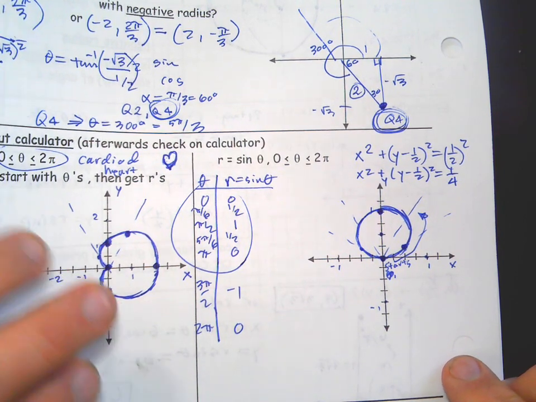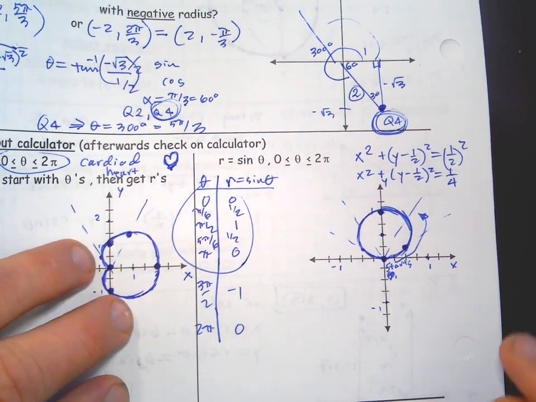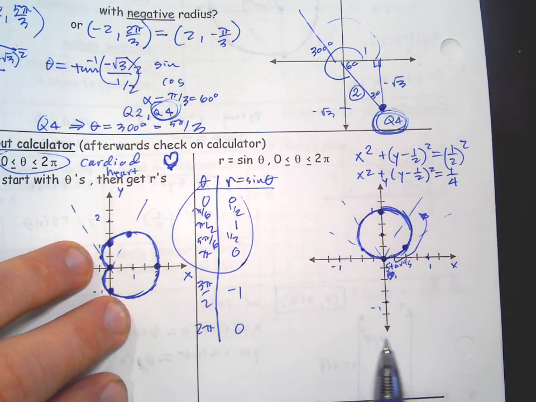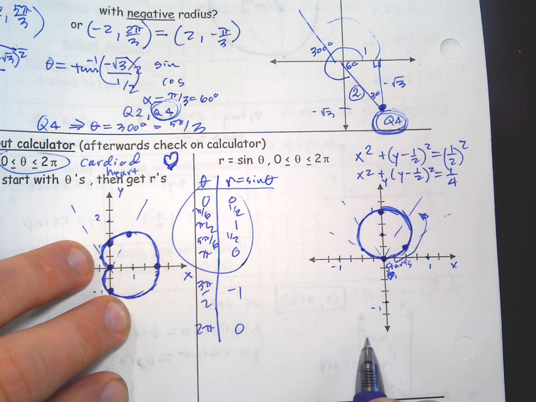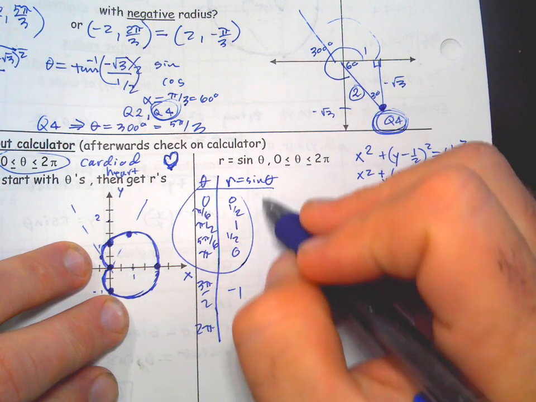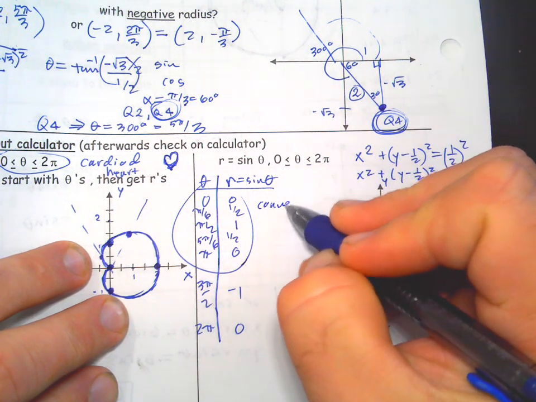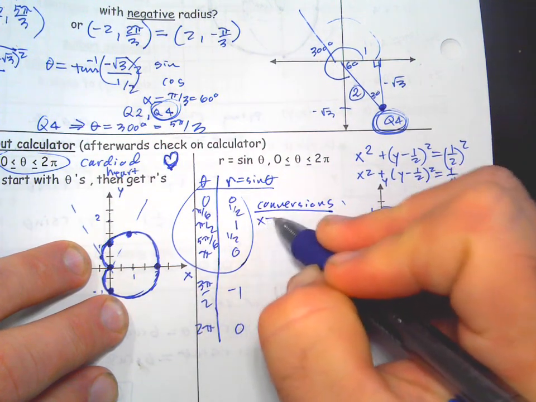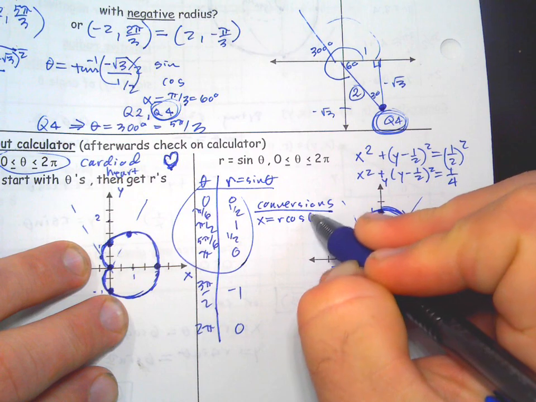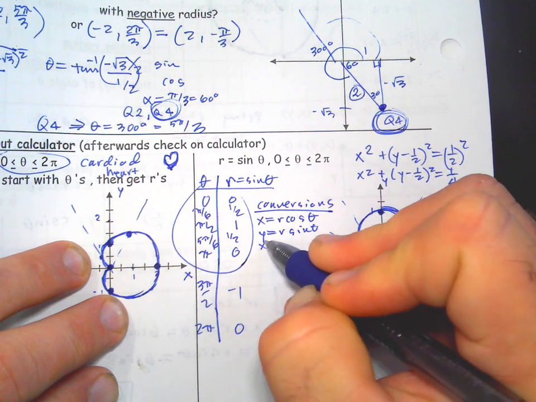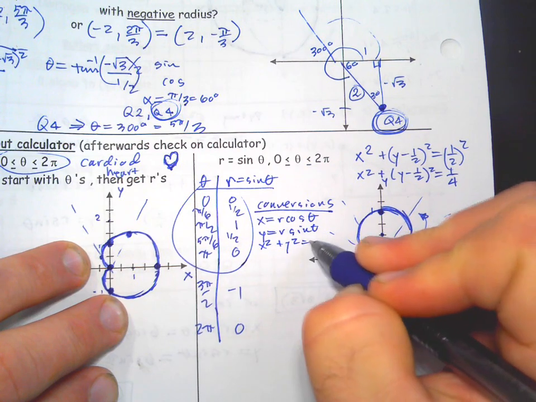Now, how can we get from this to this? I think we did some of this kind of stuff with parametrics and converting them to Cartesian equations. There are these formulas I showed you guys on the front: x equals r cosine theta, y equals r sine theta, and x squared plus y squared equals r squared.